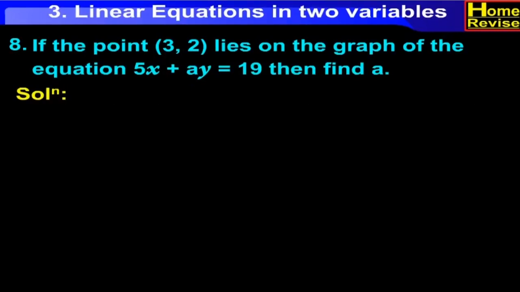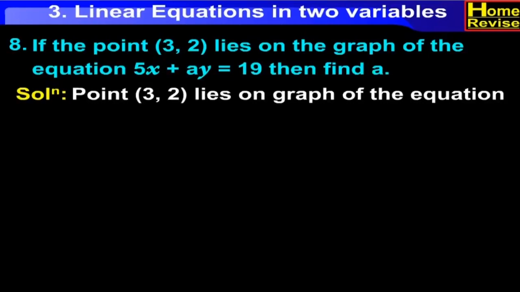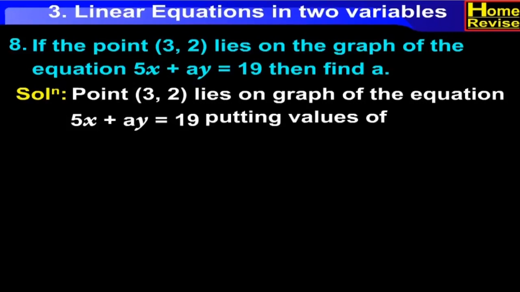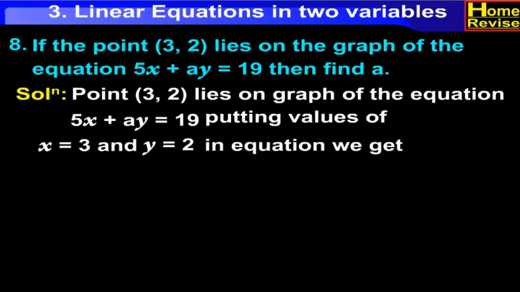It is given that point 3, 2 lies on the graph of equation 5x plus ay is equal to 19. Therefore, putting the values x is equal to 3 and y is equal to 2 in the equation, we get 5 into 3 plus a into 2 is equal to 19.